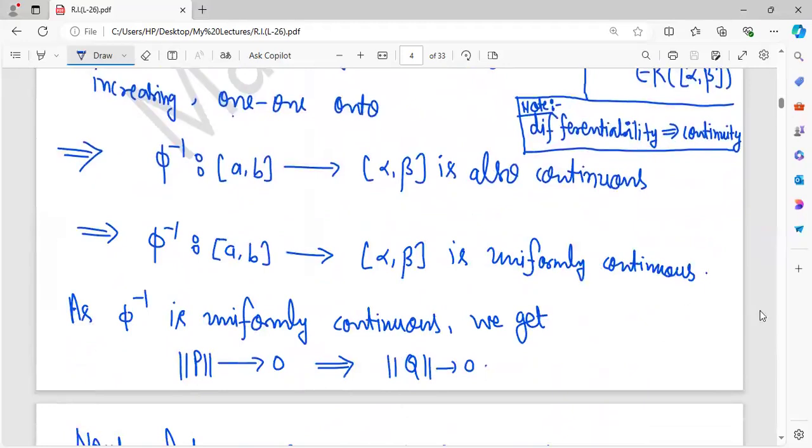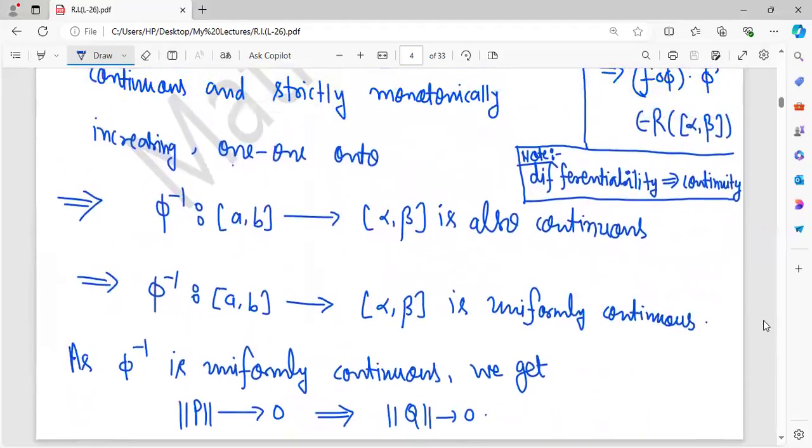What is the definition of uniformly continuous? We have a criterion: if the difference of two values x and y tends to 0, the difference of their corresponding images also tends to 0.